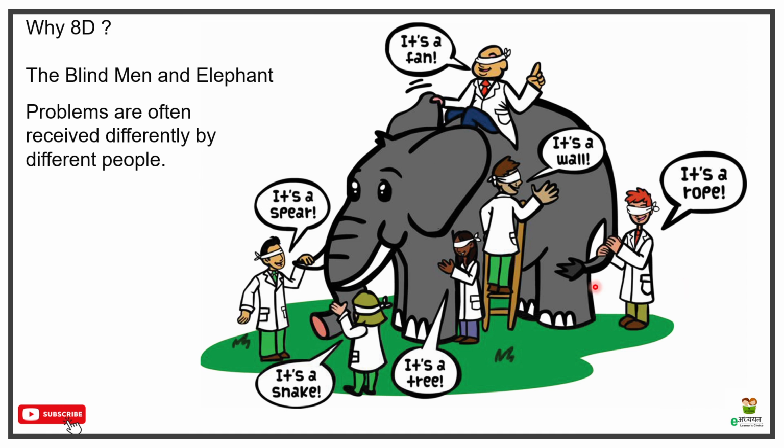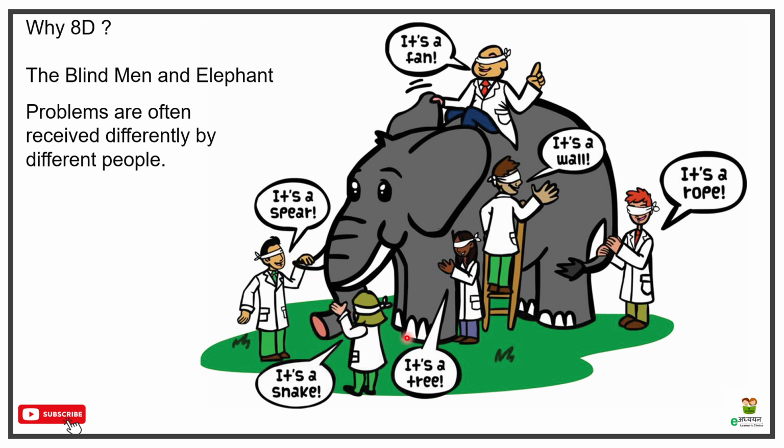Friends, why do 8D? There is a famous story of the blind men and the elephant. What this means is there are blind men who try to touch an object and identify it. If you see, this lady says it's a snake, but actually it's not a snake.